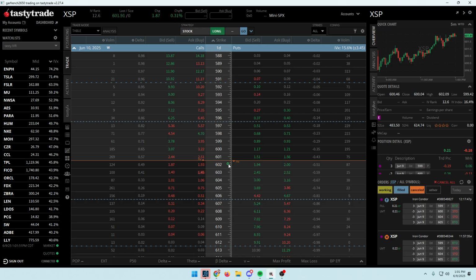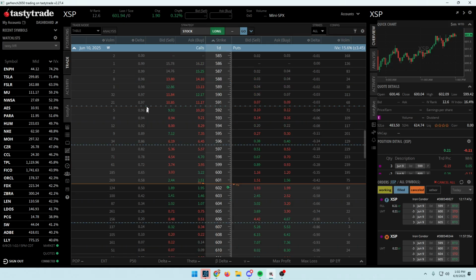So right now, the price is trading a little below 602. It's actually at 601.91, so right below 602. This one has a 49% chance of being in the money when it expires on June 10th, 2025. If you go into the money at 601, we are in the money. It has a 58% chance.